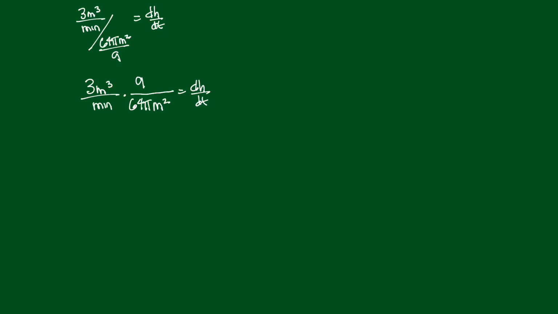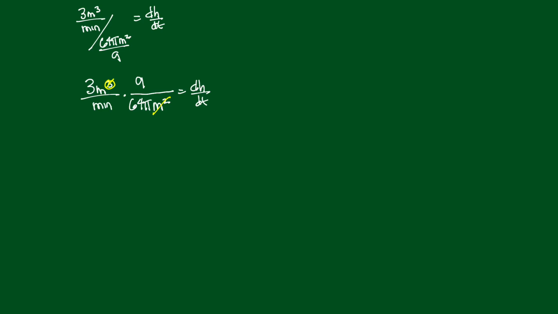Let's see. What we can do here is we are going to get 3 times 9 is 27, right? So I'm going to have 27. But look at these m's. I got 3 m's up here, right? M cubed, and I got m squared down here. So these 2 m's will cancel with 2 out of those 3, leaving an m.